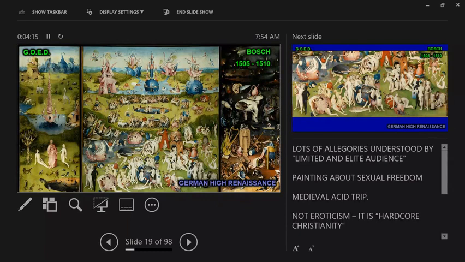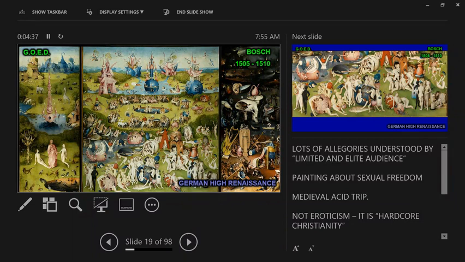There are lots of allegories going on, and it's difficult to understand these allegories from our modern minds. They made a little bit more sense at the time. I've listened to different art historians talk about this. One guy said this is a medieval acid trip.